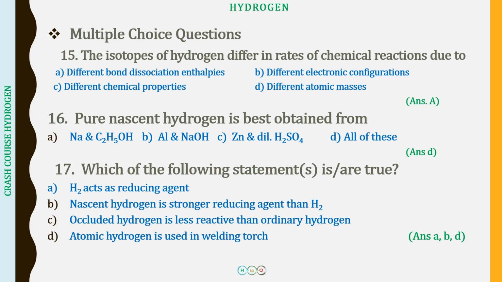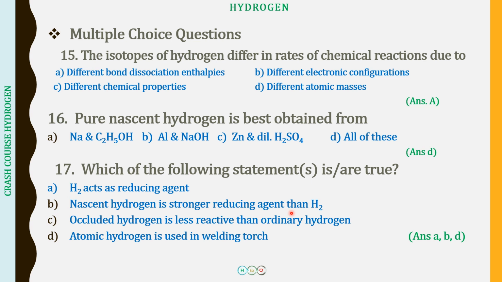The correct options are A, B and D. H2 acts as a reducing agent. We've already discussed it while we were talking in comparison to the alkali metals. Both are strong reducing agents. We will be discussing more in the chemical properties of dihydrogen, how it acts as a reducing agent. The next, nascent hydrogen is a stronger reducing agent than H2.